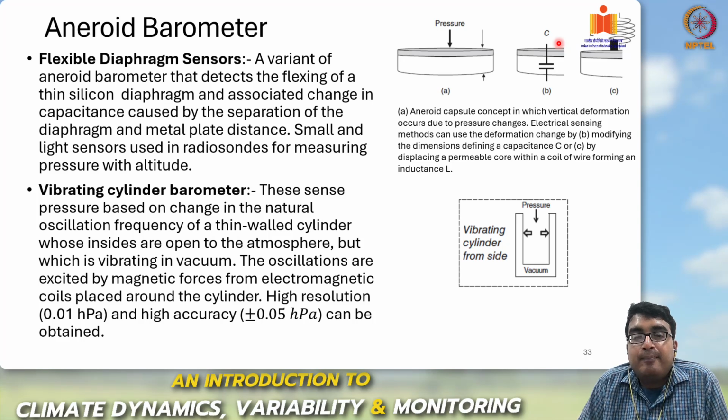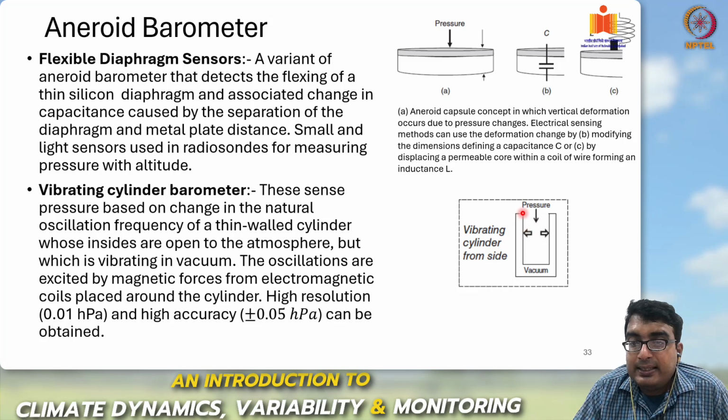Finally, we have the vibrating cylinder barometer, which is a highly accurate type of pressure measuring barometer. These sense pressure based on the change in natural frequency of oscillation of a thin walled cylinder whose inside is open to the atmosphere. So this is the cylinder. It's a thin walled cylinder.